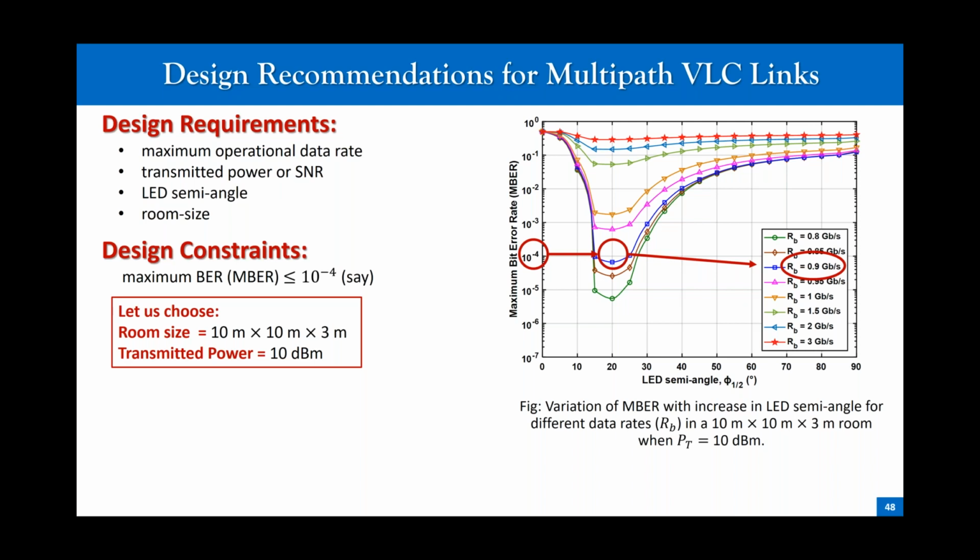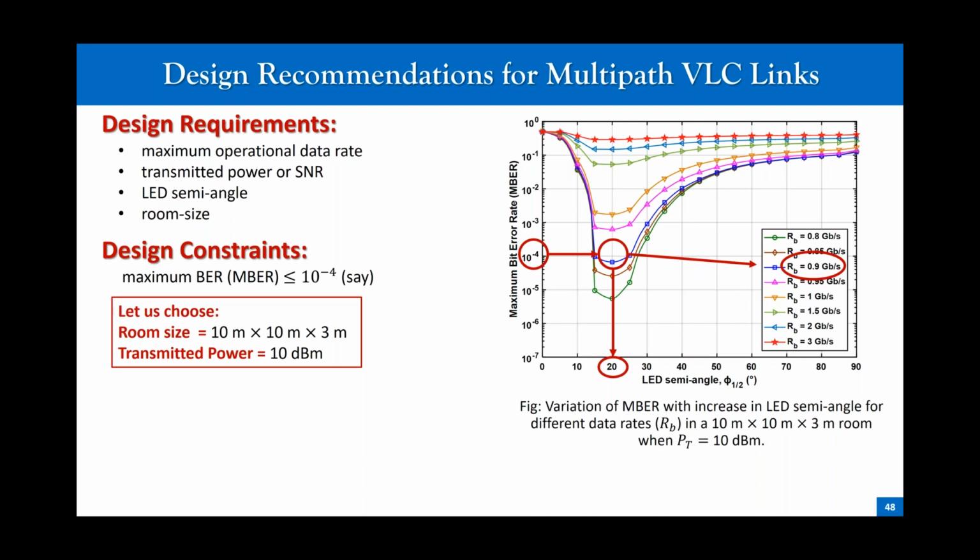Of course, we are not considering any LED bandwidth in this study. We are just focusing on the bandwidth constraint that is offered by the channel. And for this, the LED semi-angle has to be 20 degrees. Okay, so LED semi-angle depends also on the room size.